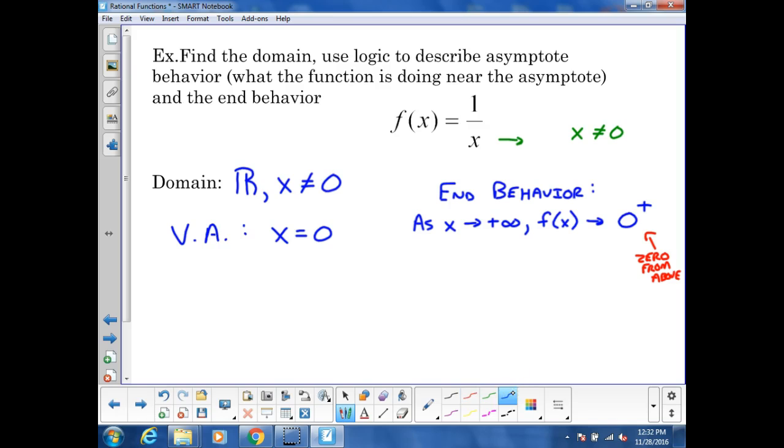Okay? As x goes to negative infinity, what's my function going to go to? 0 from below, right? Because now I've got positive 1 divided by a negative ginormous number. Okay? So that's going to go to 0 from below.